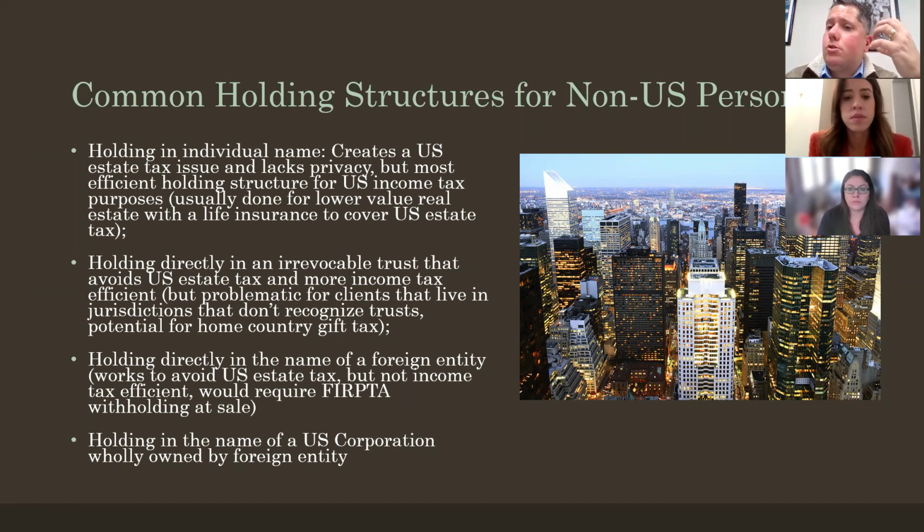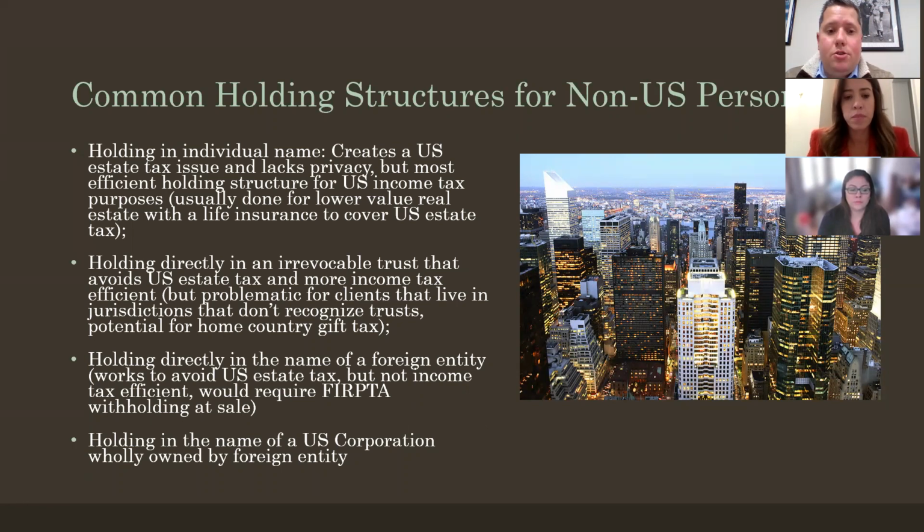So when the person passes away, they don't pass away holding the real estate directly. They are holding foreign company shares, which aren't subject to U.S. estate tax, so it avoids the U.S. estate tax issue. However, one thing we don't like about it, which isn't too efficient, is when it comes to sale. A foreign entity is still considered a foreign person for income and FIRPTA purposes.